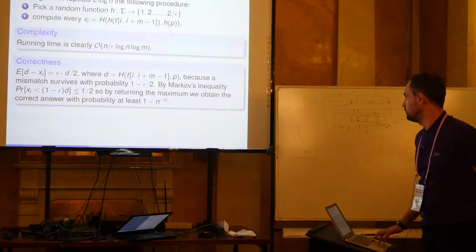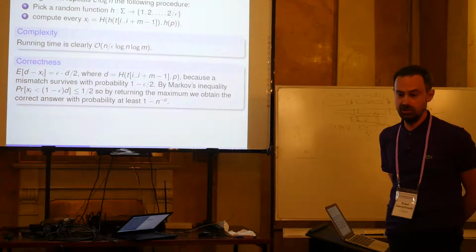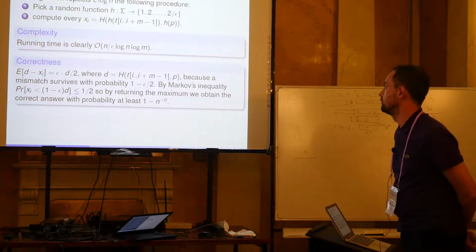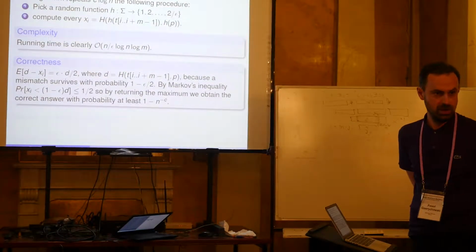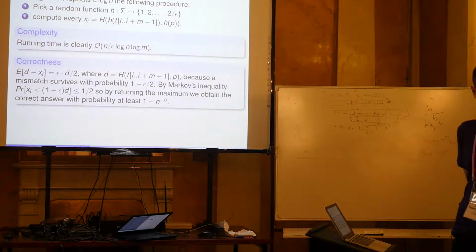Now we need to analyze the correctness. What's the probability that we'll calculate an incorrect answer? So let's look at some position, some alignment i, and say that the real Hamming distance between the corresponding fragment of the text and the pattern is d, small d.